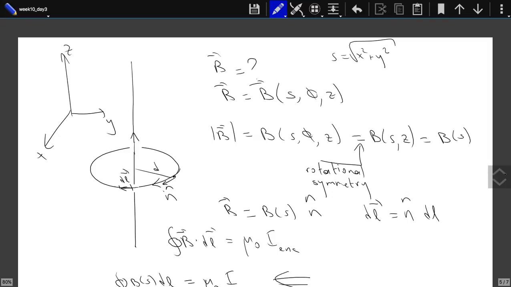We said that it cannot start from the wire and go radially out. Why not? Because the divergence of B is 0. It cannot start at a point. So when we said that B has to form circles around the wire, we already used it. We used the fact that the divergence of B is 0.